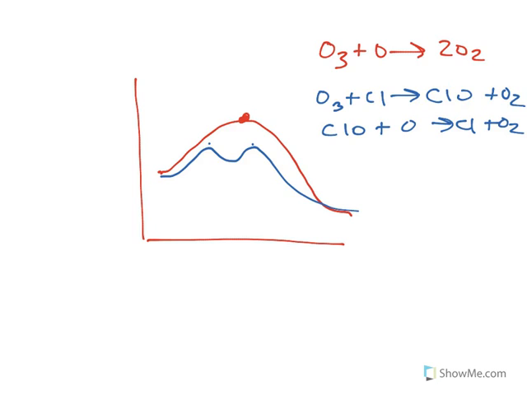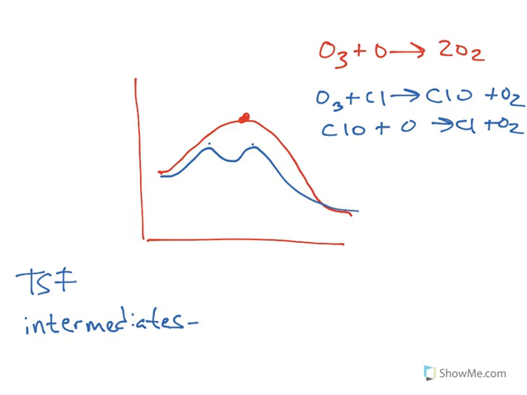So there are some things we need to talk about in here. They're called the transition states and something called intermediates. Intermediates show up in multi-step reactions.